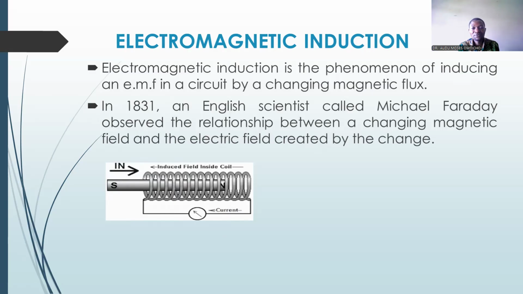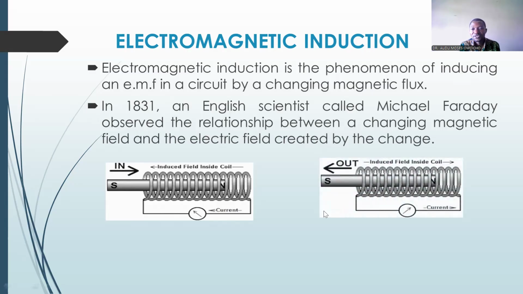And as we all know, a galvanometer is a device used to detect the presence of current and also the direction in which the current is flowing. So in moving the bar magnet towards the coil, the galvanometer was deflected.